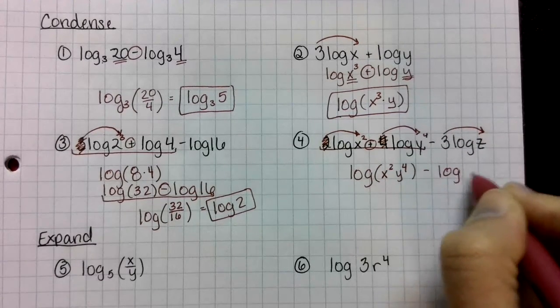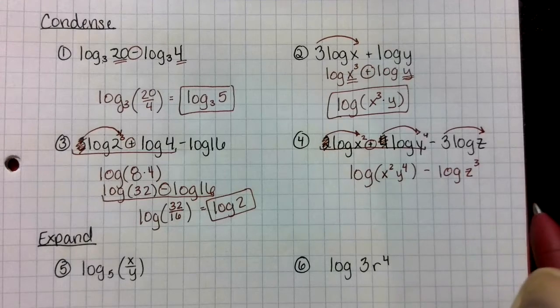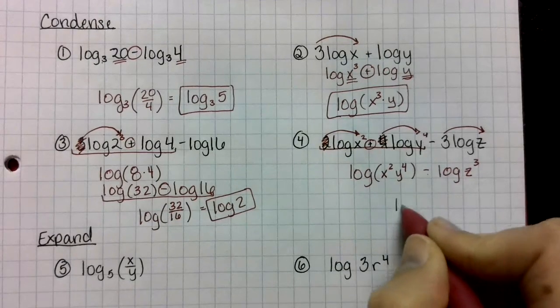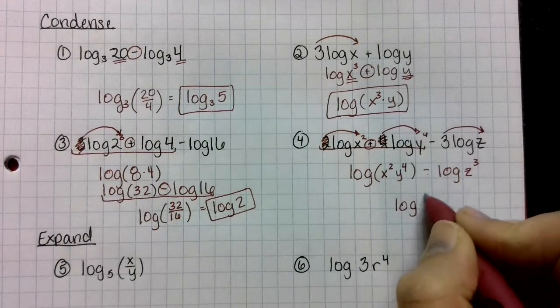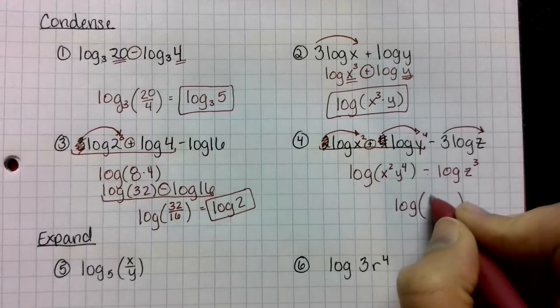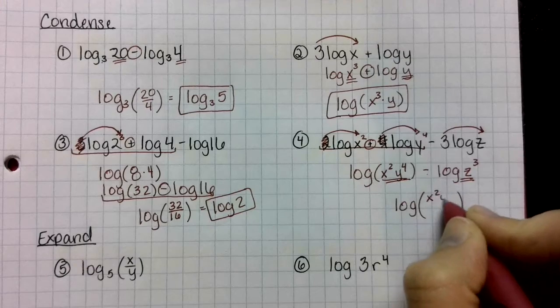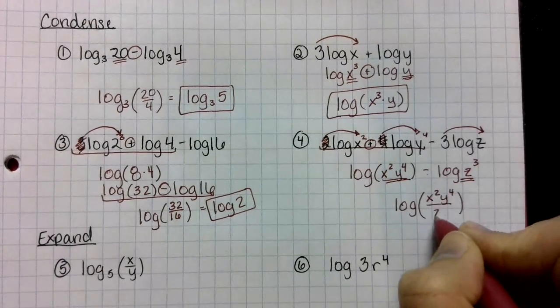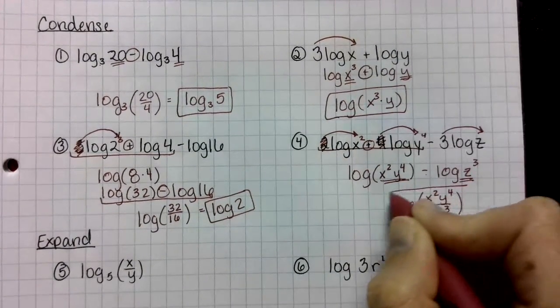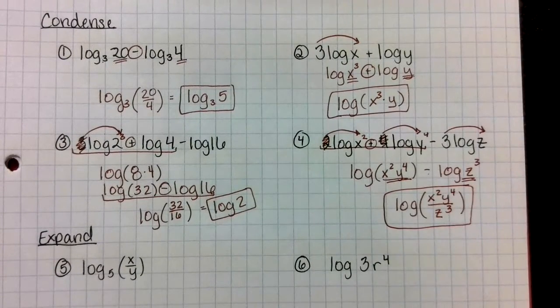So this is log of z cubed. Now I have subtraction. So I condense it down to one single log. This stays on the top divided by this. So x squared y to the 4th divided by z to the 3rd. So when you condense, the whole idea is you're condensing it down so there is only one log showing up.